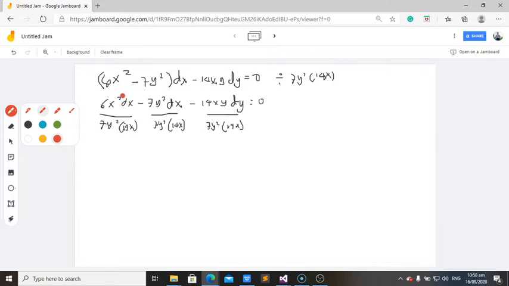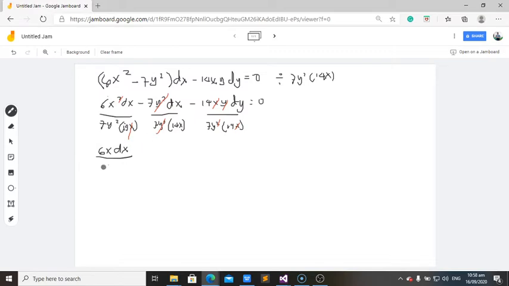Then let's try to eliminate. So we have your x squared and your x here, your y squared and your y here, your y here and another y, and your x and your x here. So what remains is 6x dx over 7 times 14, what is that? 7 times 14. So 7 times 14, we have 98.